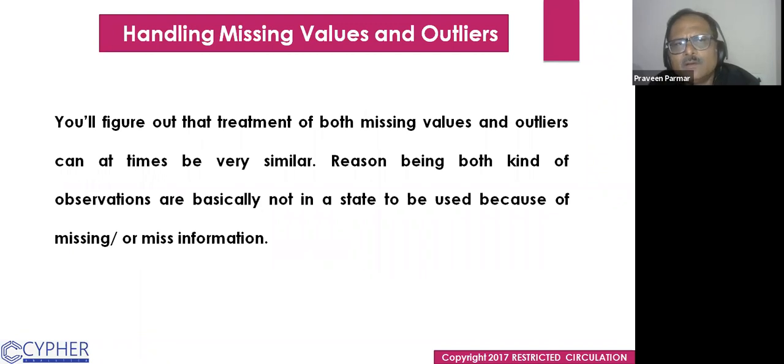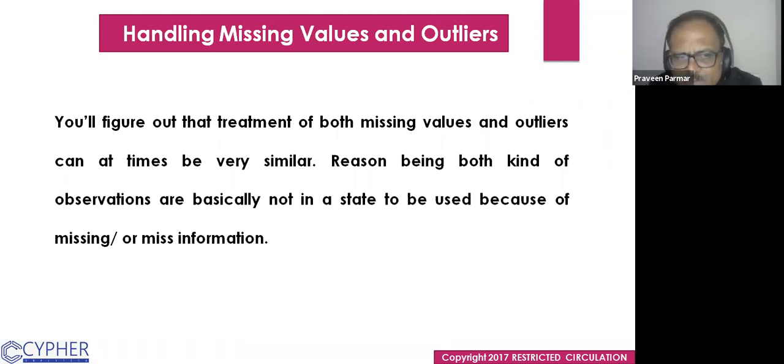We are talking about how to figure out and handle the missing values and the outliers. You will figure out that the treatment of both missing values and outliers can at times be very similar. The reason being, both kinds of observation are basically not in a state to be used because of missing or misinformation.